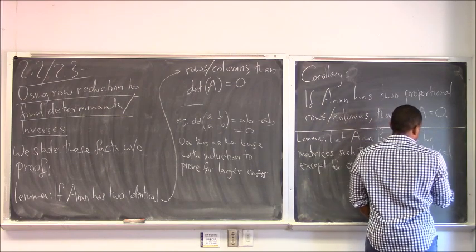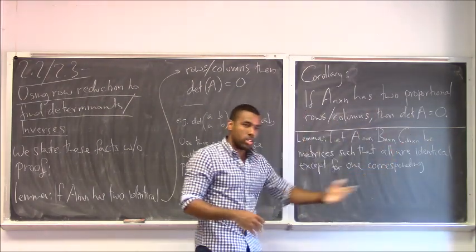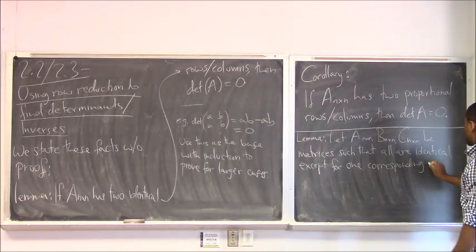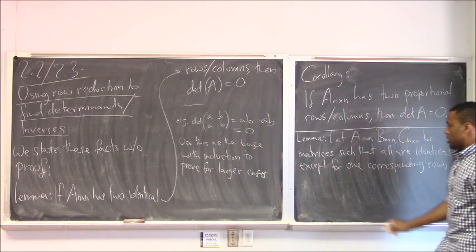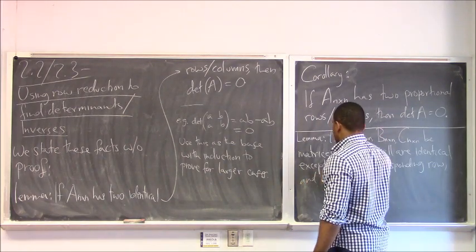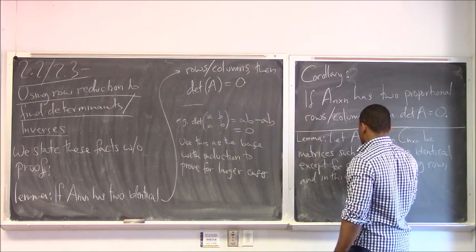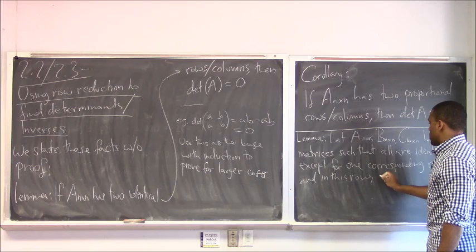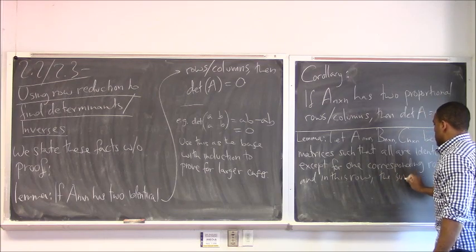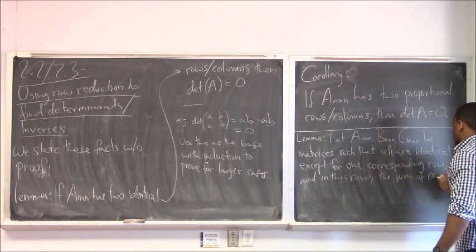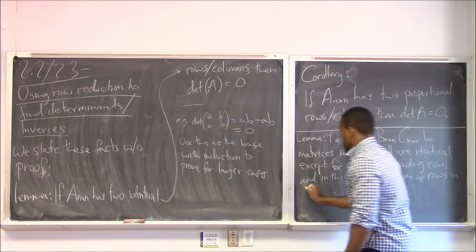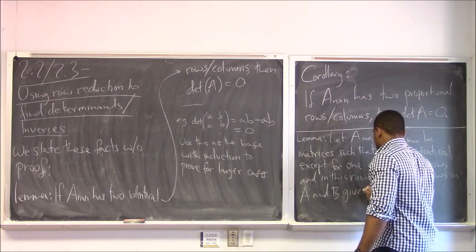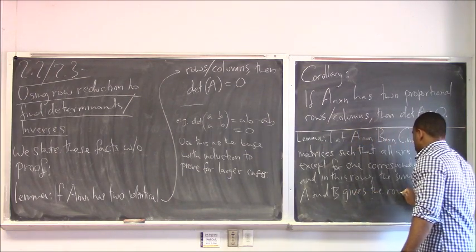So they're all the same, except in, say, the third row, they're all different in that particular row, and they're different in a particular way. And in this row, the sum of rows in A and B gives the row in C.